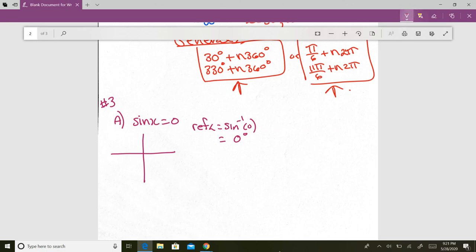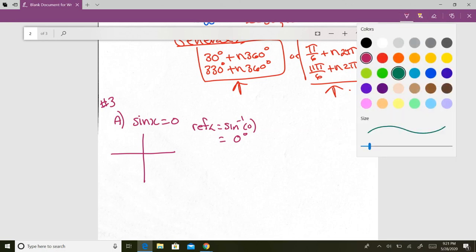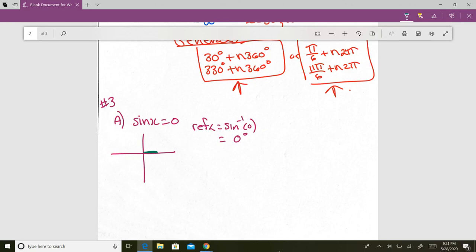So that means you are there and there. There's reference angles of 0. Well, what's my rotation angle to get to the first bit? 0 degrees. To get to there, 180. And to get all the way around to there, it's 360 degrees. So those are your answers.